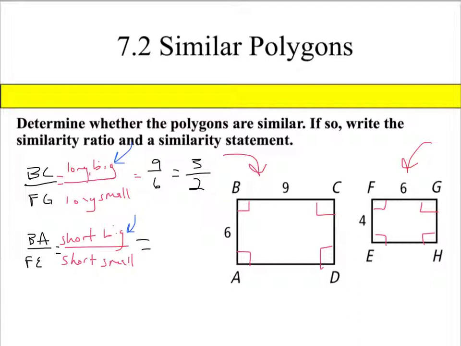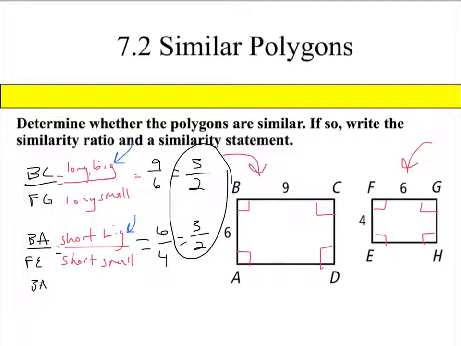Now I have 6 over 4. In simplest form, I divide each by 2, and that's also going to be 3 over 2. So what is my similarity ratio? I just wrote it. That's going to be 3 over 2, and that work states the similarity ratio.